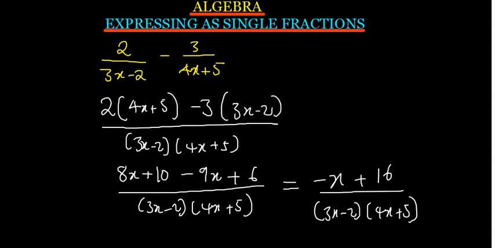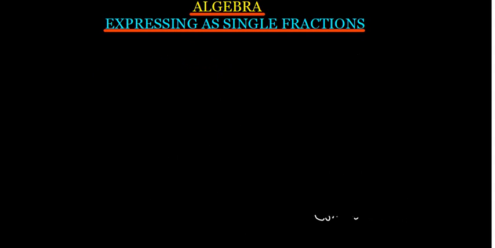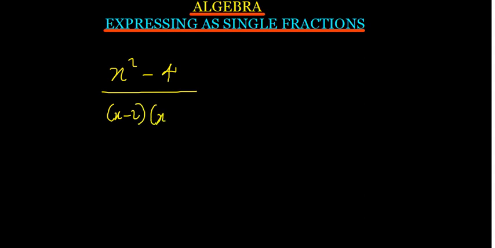So let's say, for example, after simplifying at the last stage, you found x squared minus, let's say, minus 4, and then down, let's say you found x minus 2 and then x plus 5.